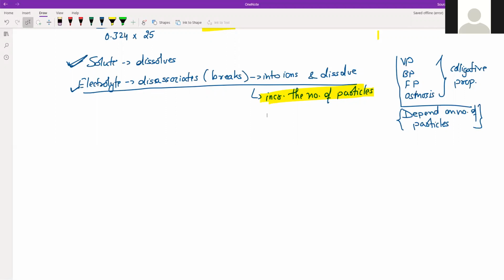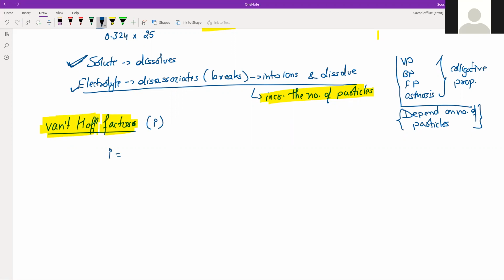This relative ratio is given by a scientist, and it is known as the Van 't Hoff factor. This is actually named after the scientist Van 't Hoff, and it is represented by i.